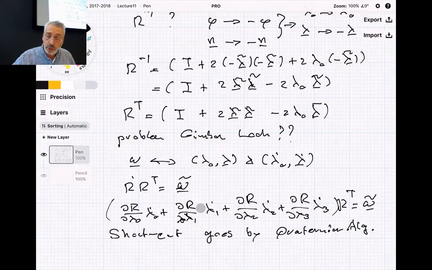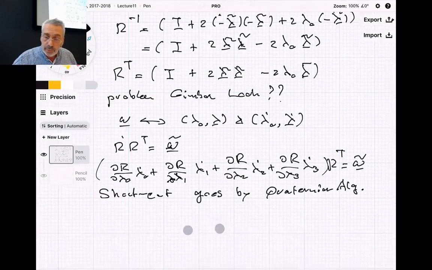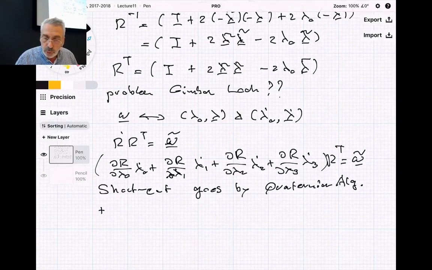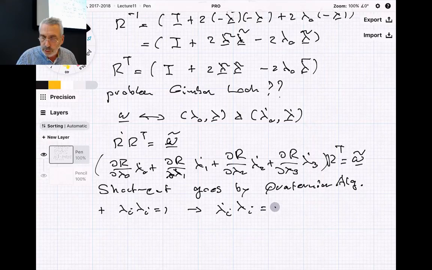But you can also go this route. And of course, plus you always have to use this identity, right? So the sum of lambda i squared is 1, or in other words, the sum of lambda i lambda i dot is 0. Or in other words, the change in the Euler parameters is always tangent to the Euler parameters themselves.